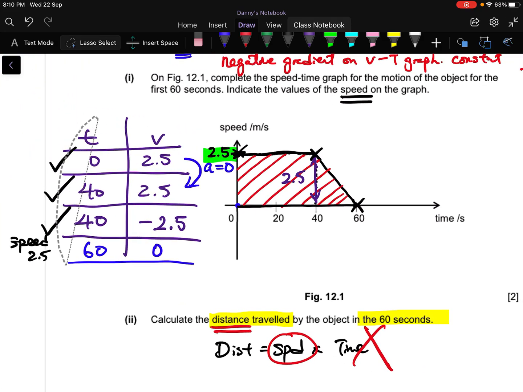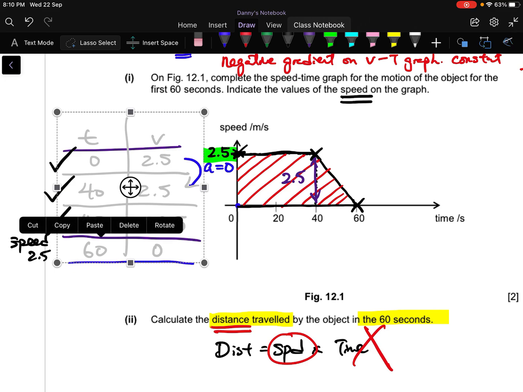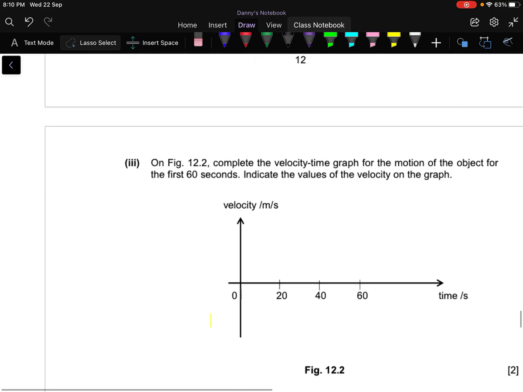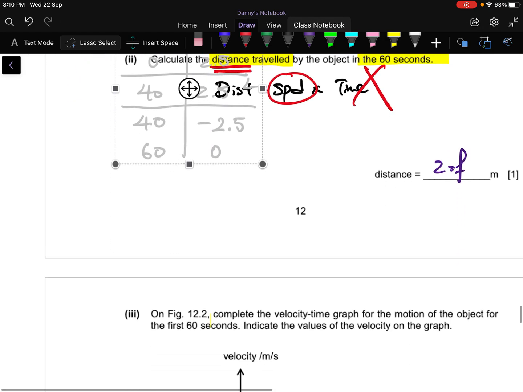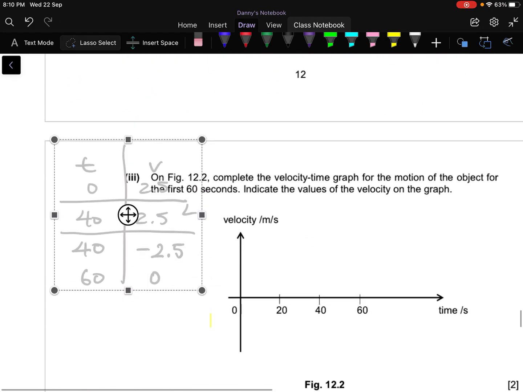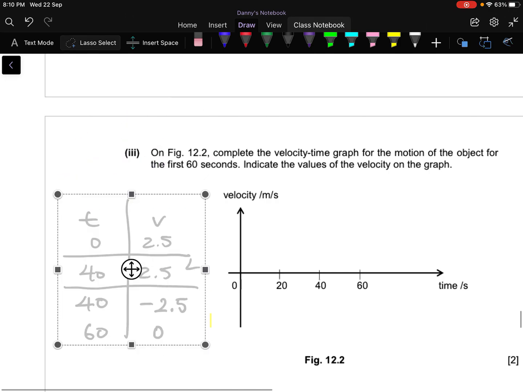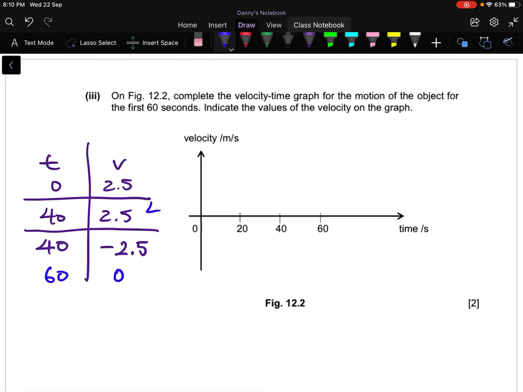Last, they are asking you for the velocity-time graph, and we are ready for it, right? Because when we did this table, it is already the velocity-time graph. So I can go here and then I can paste this, and I just need to drag it down. Right, so time is 0, velocity 2.5, here, done. 40, 2.5, right?